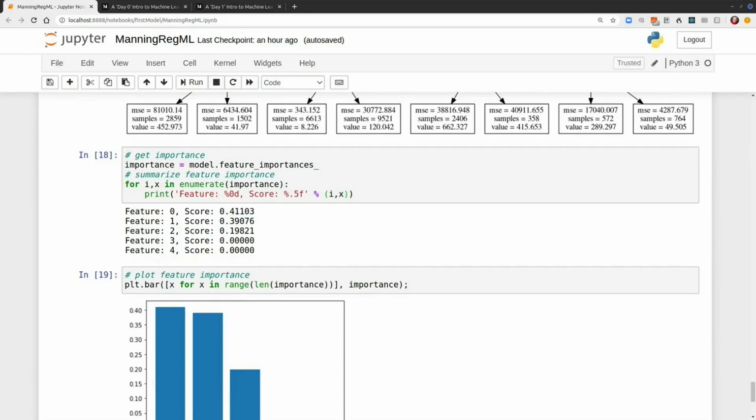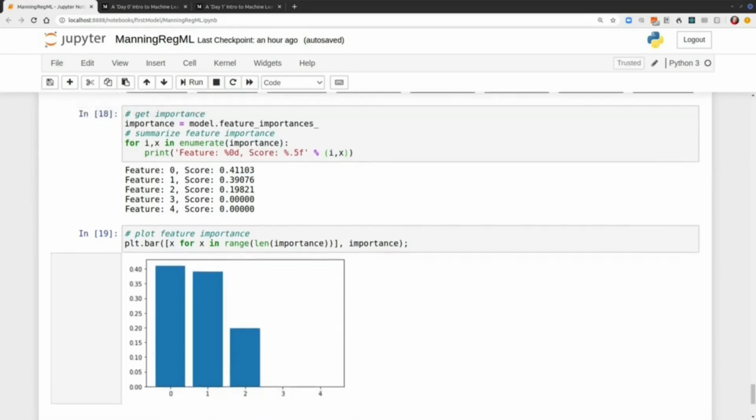Something else that's really the benefit of feature importance is you see how these things are ranked. So feature 0, which in our case was air temperature, the model treated as around 0.41 priority. If you want to convert that to a percentage, that's fine. You'll see eventually a lot of these will fall off.